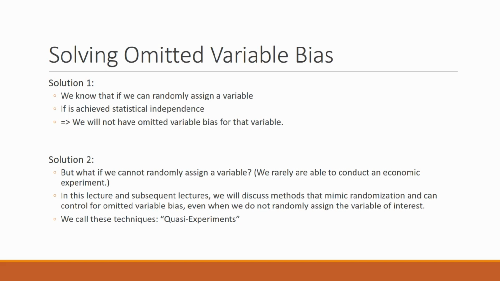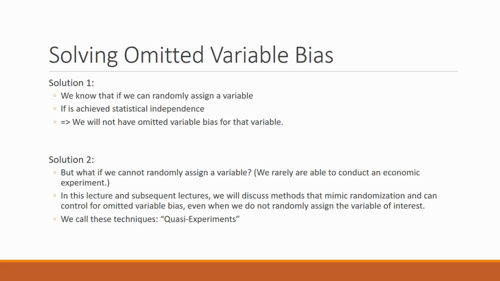It's no longer correlated with the variables that are missing from the model, and therefore there will not be omitted variable bias for that variable. That's the best way of solving it, but we oftentimes don't have that ability.